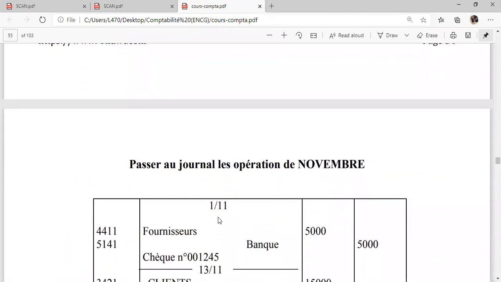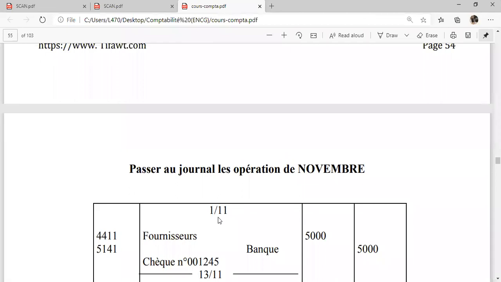Like I said before, the first column is reserved for the comptes, which I'm going to explain later on today. And then this column is reserved for the libellé, the petite explication of what happened in the transaction. So here we have fournisseur being debited.